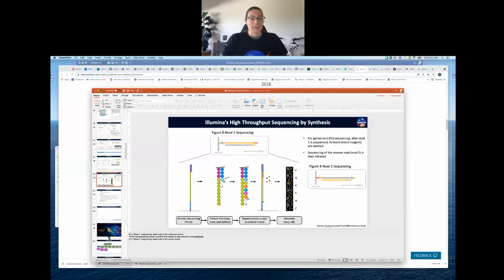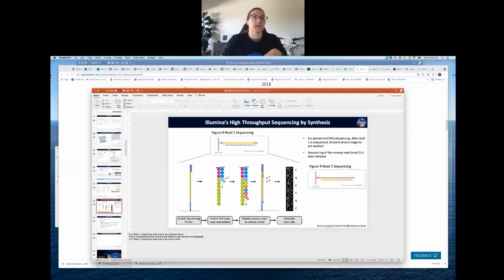Yeah, so you don't really correct for it in your analysis. When you do your alignment, it'll align based on the information that it has. The only way to correct for the bias of having smaller insert sizes is to be really good about your library prep.